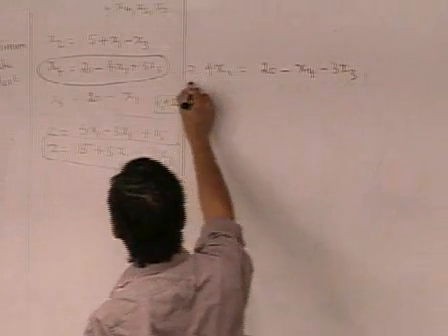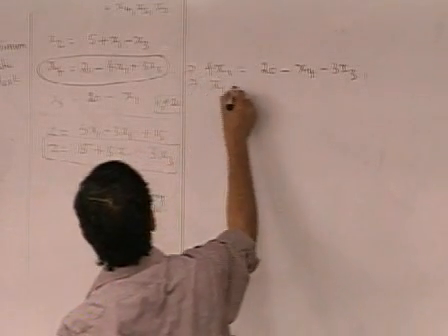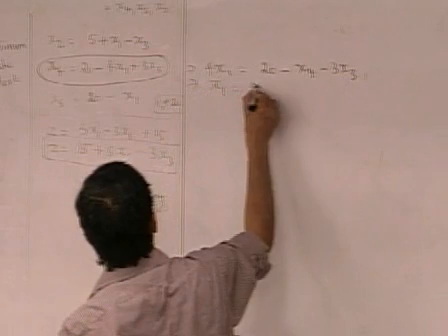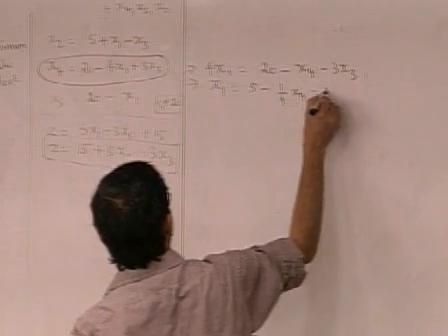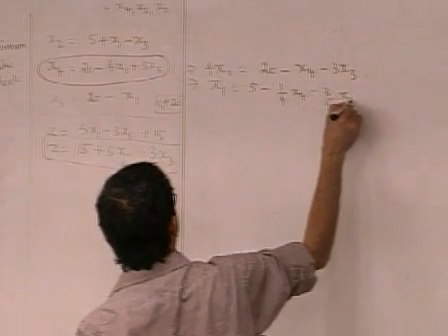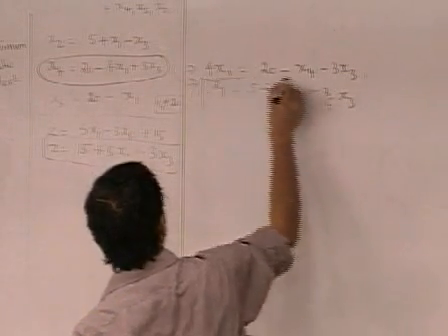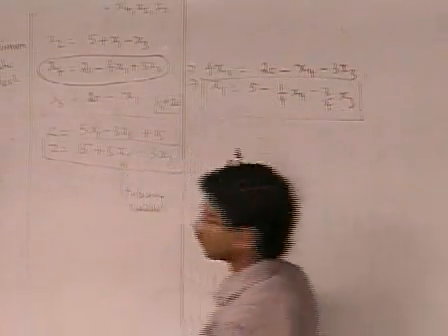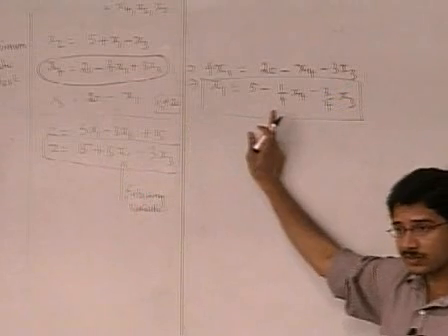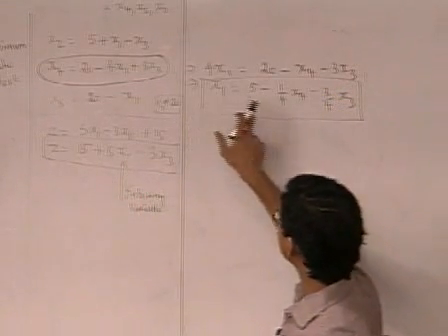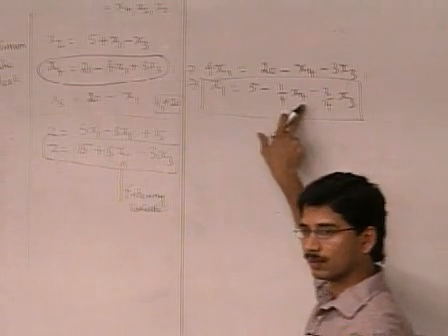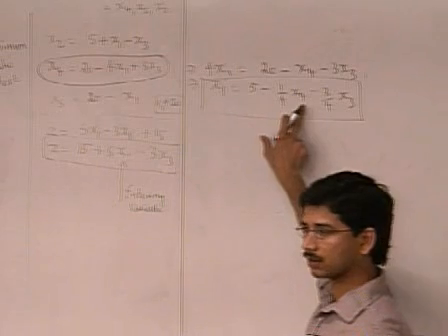And from here, I get x1 equals 5 minus 1 over 4 x4 minus 3 over 4 x3. So I get this, and now I can express x1 in terms of the new non-basic variables.